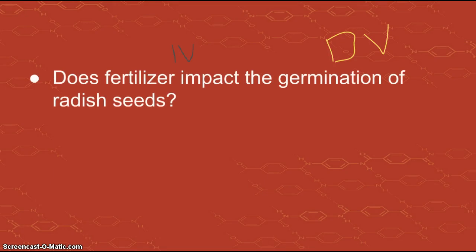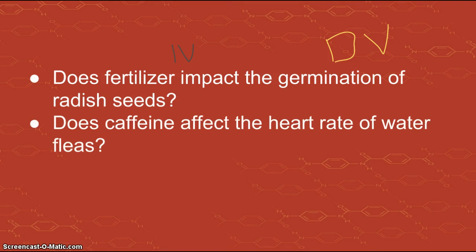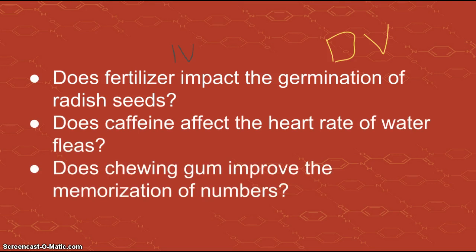So if we consider the following questions: does fertilizer impact the germination of radish seeds? Does caffeine affect the heart rate of water fleas? Does chewing gum improve the memorization of numbers? The independent variables would be the variables that we change: the fertilizer, the caffeine, and whether or not our subjects chew gum.